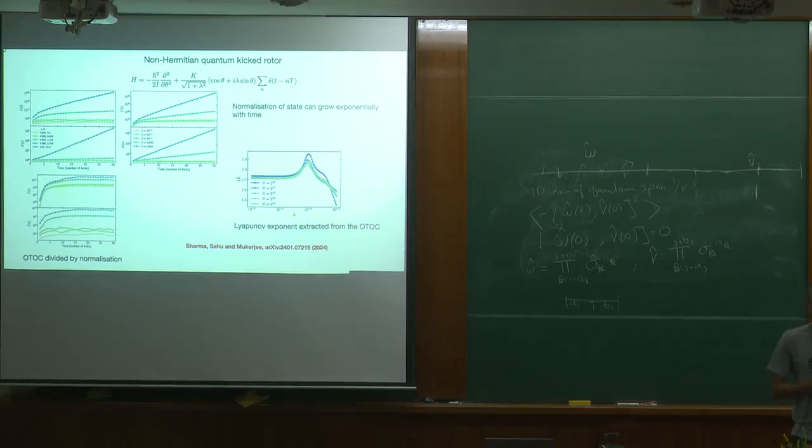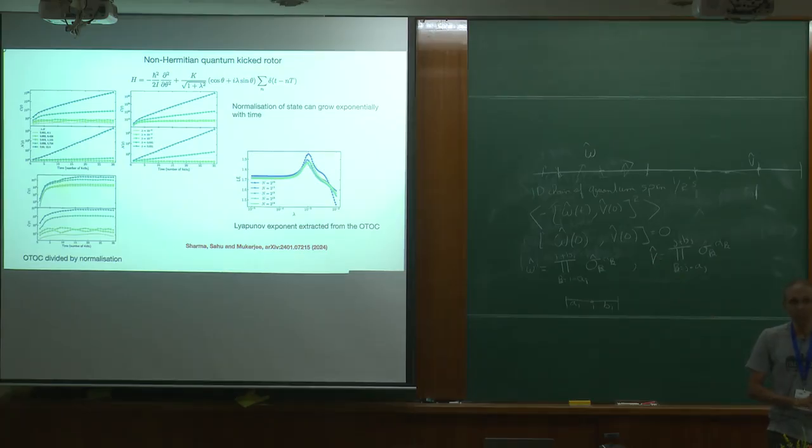So the difference between the OTOC and mutual information is that, at the end of the day, the OTOC is really giving you classical information. For instance, in this case, it gives a Lyapunov exponent, which is a perfectly well-defined quantity even in the classical limit.